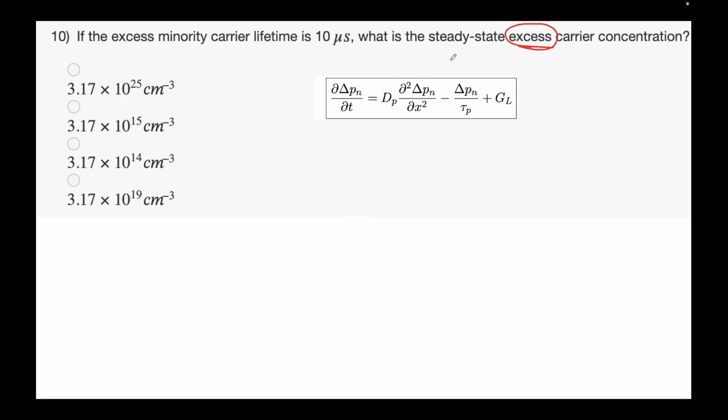All right, so what does steady state mean? Steady state means with respect to time, you have given the system sufficient time that it's not varying with time. For instance, sunlight takes about 8 minutes to reach the earth. But at the inception of the sun, the first photon would have taken 8 minutes.